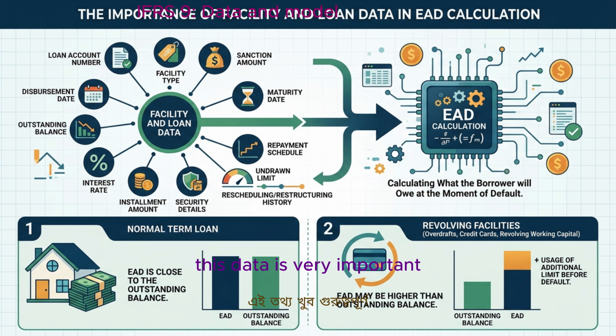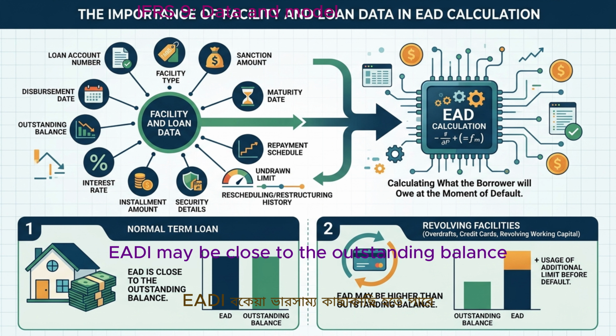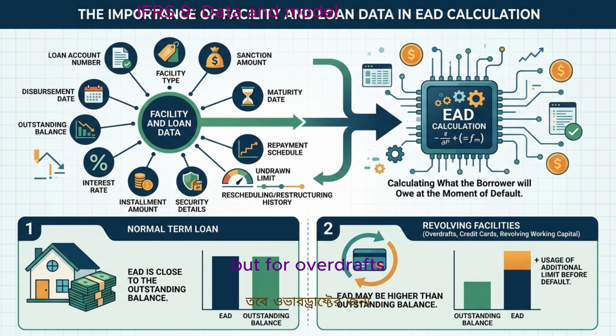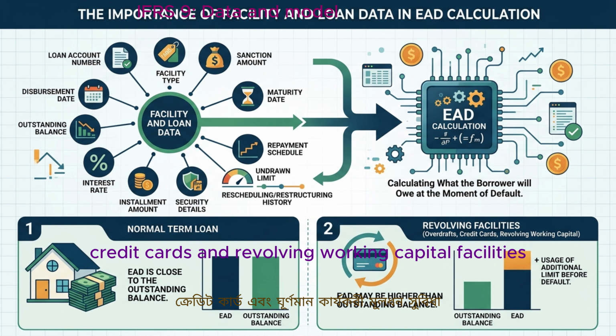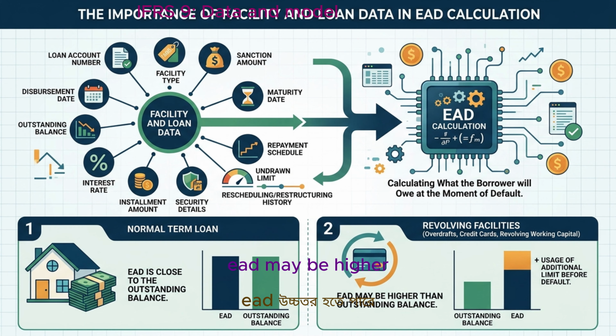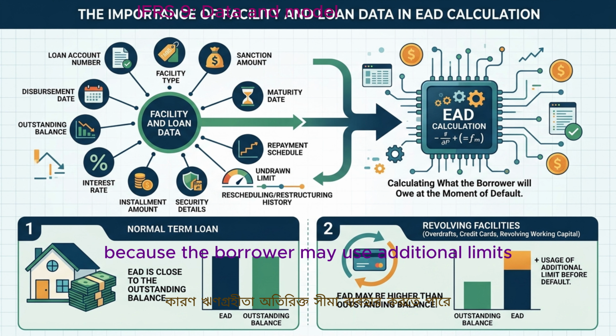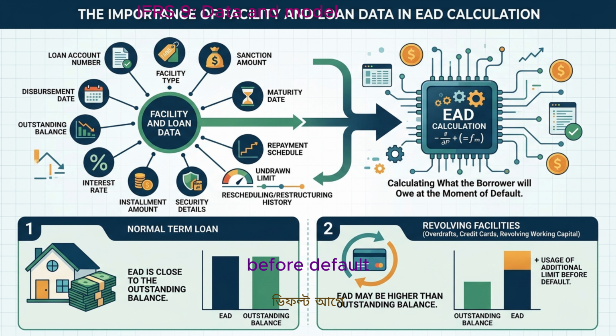This data is very important for calculating exposure at default, or EAD. For a normal term loan, EAD may be close to the outstanding balance, but for overdrafts, credit cards, and revolving working capital facilities, EAD may be higher because the borrower may use additional limits before default.